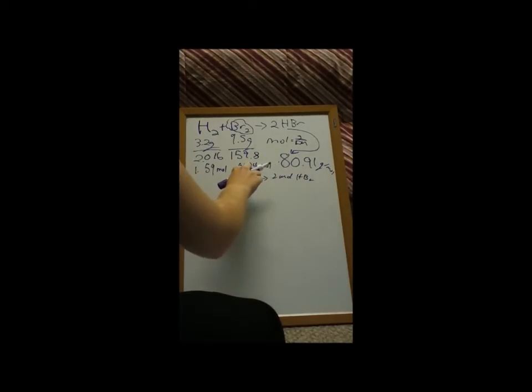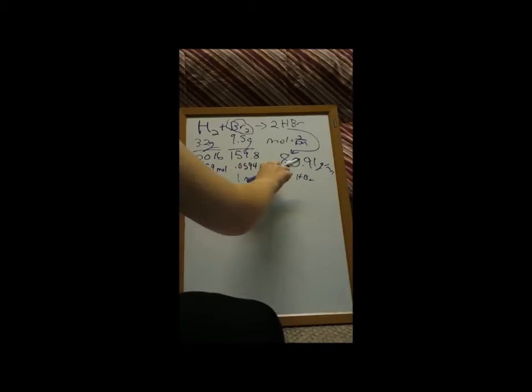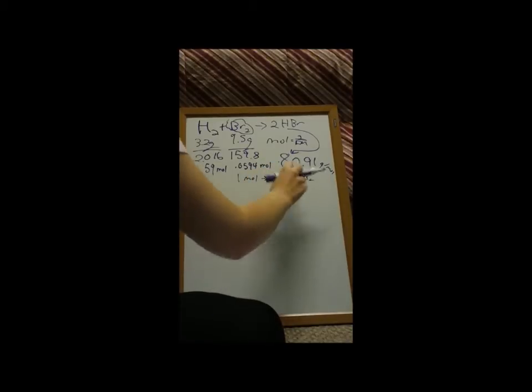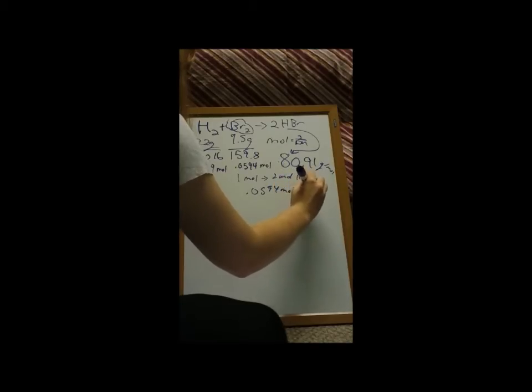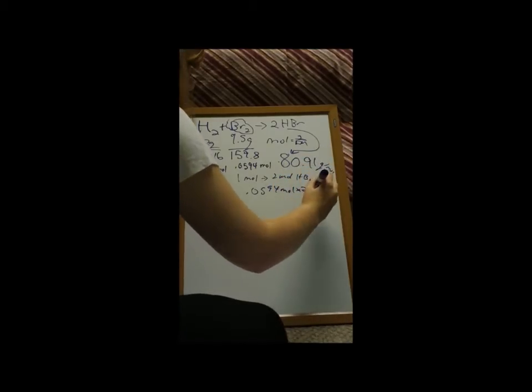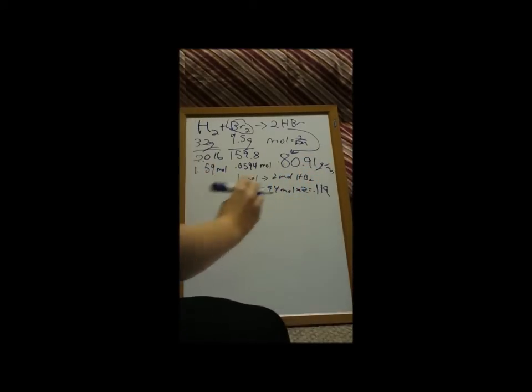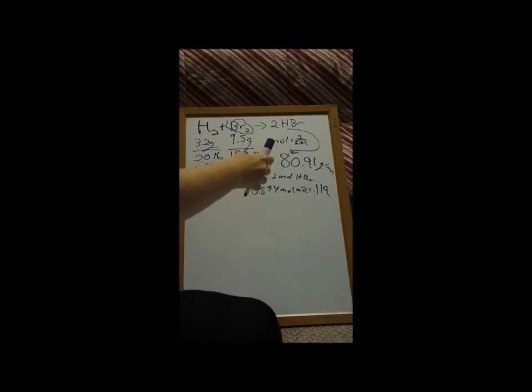So we're going to take this number and multiply it by 2, because one of these is 2 of these. So 0.0594 mole times 2, because we're doing molar numbers, is 0.119. Okay, so now we know how many moles of hydrogen bromide are produced.